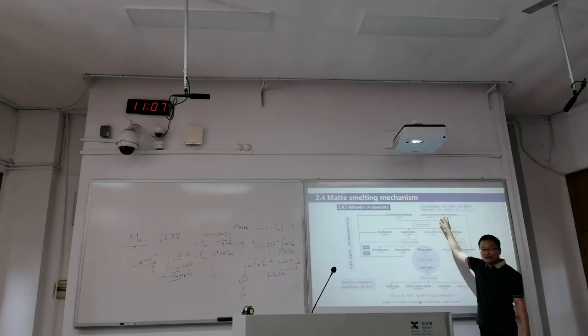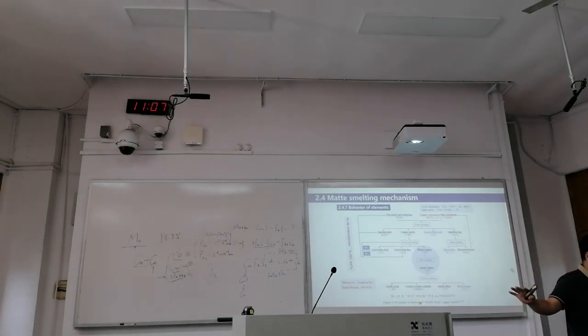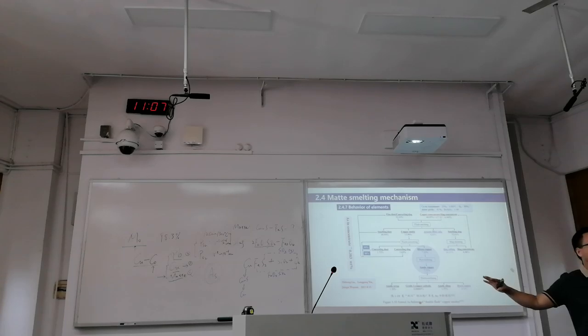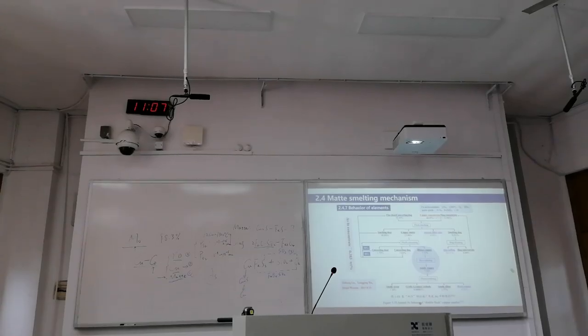So if I make such an example, if I want to keep my size, keep my weight, what should I do? Input equals output. I have to balance, right? If I eat more and I don't exercise, I will get fat and have a big belly, right? And if I keep this direction, my health will be broken and I will have a lot of problems, right? Same story with the copper smelter.